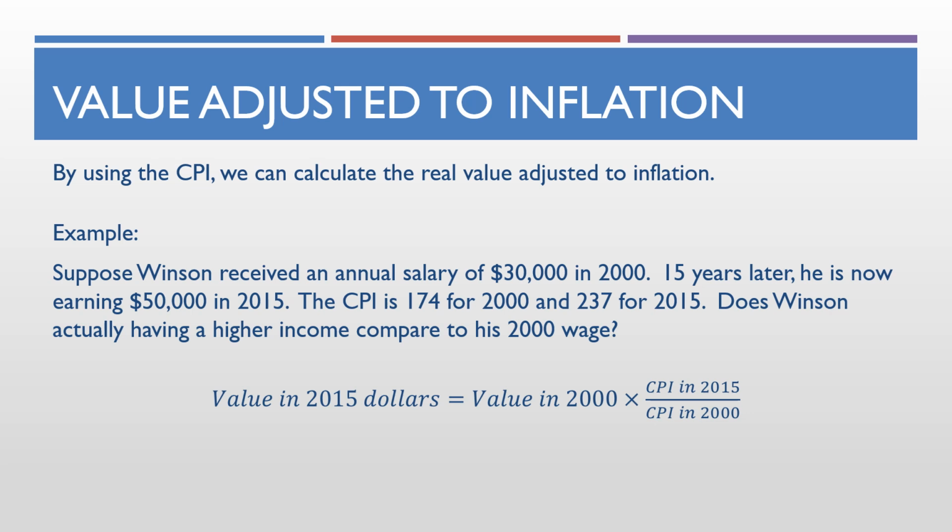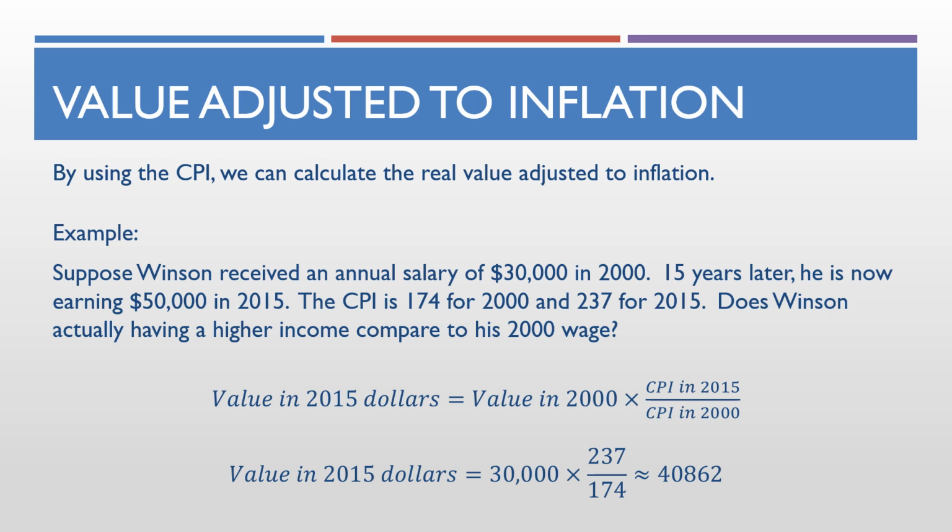To put it into numbers, we have $30,000 times 237 divided by 174. And this number, $40,862 approximately, is the number that we can directly compare to the amount Winston earned in 2015.